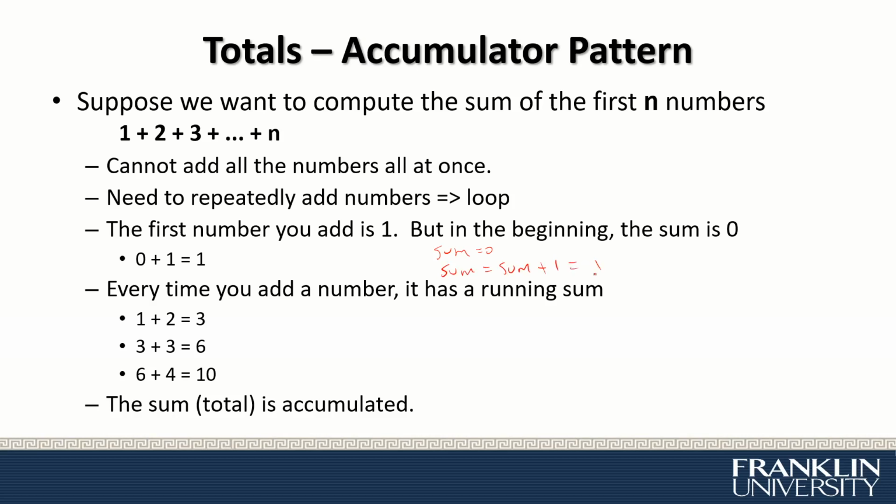And then you keep adding numbers. Now the running sum plus 2 becomes 3. The running sum 3 plus 3 becomes 6. The running sum 6 plus 4 is 10, and so forth. And the sum or the total is accumulated. That's why we call this accumulator pattern.